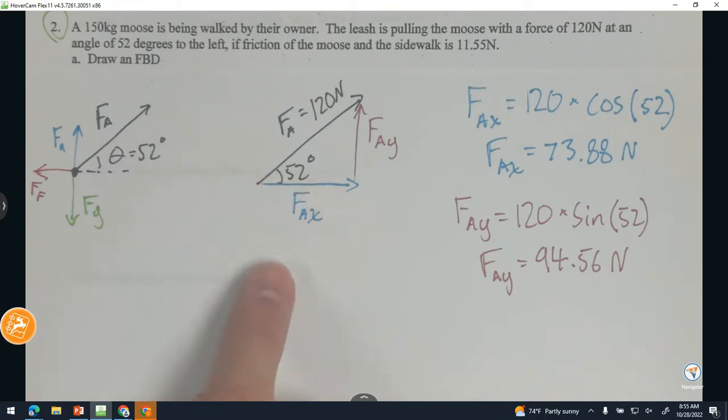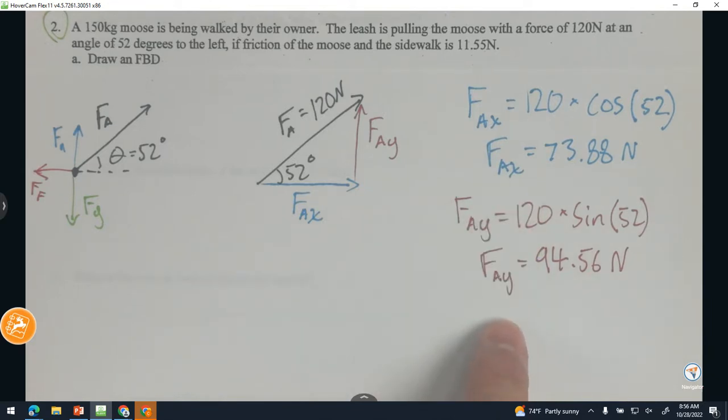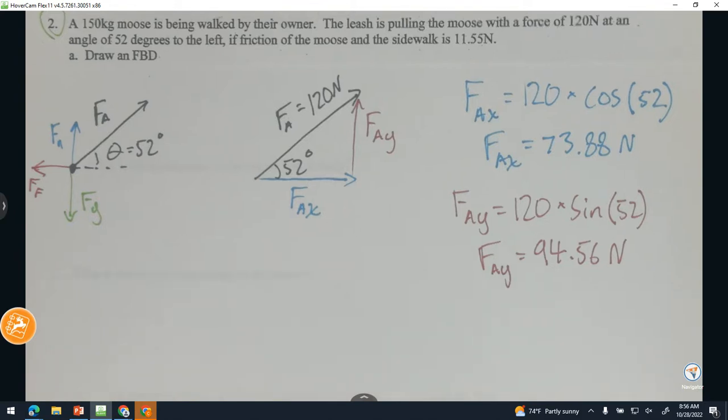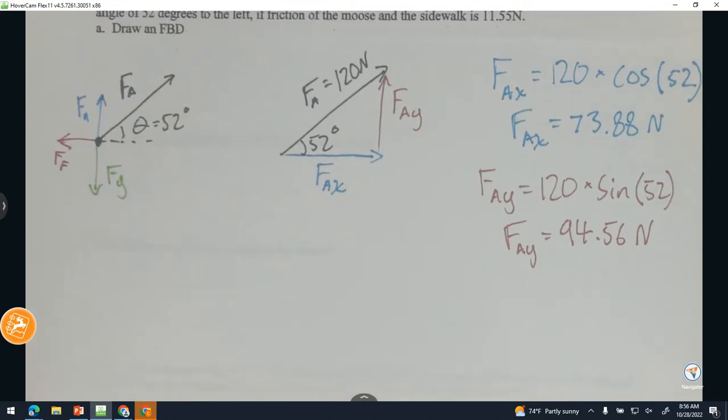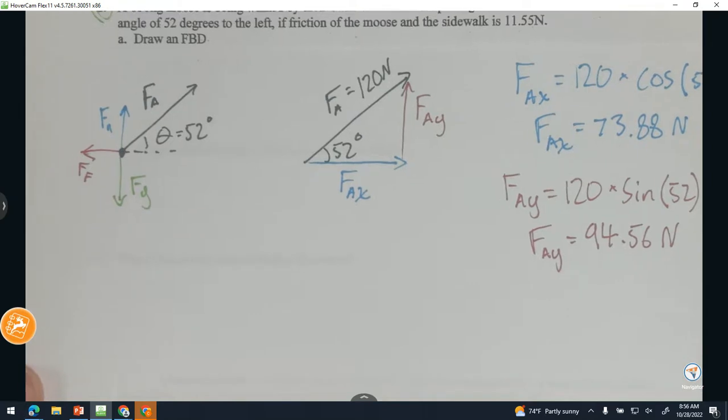So if we're below 45, your x component will be larger. If you're above 45, your y component will be larger. Just a little check you can do there. And if they're at 45, then the x and the y equal each other.